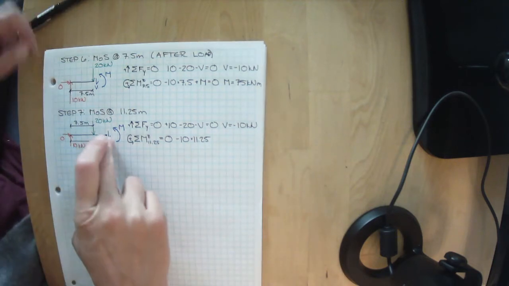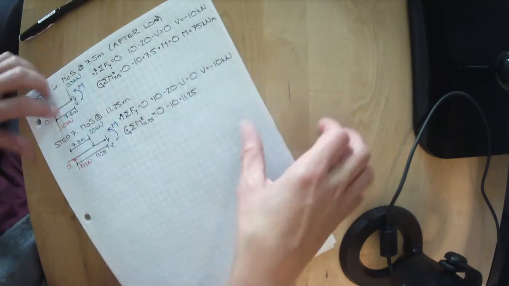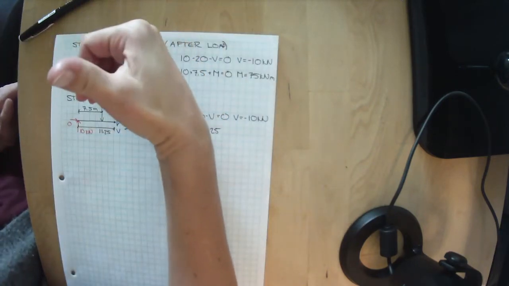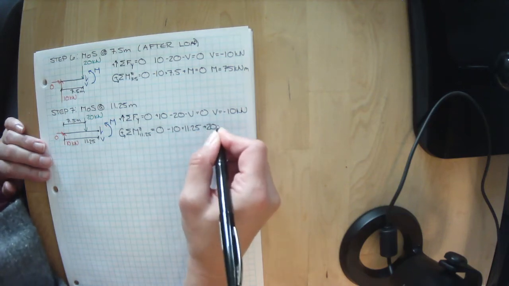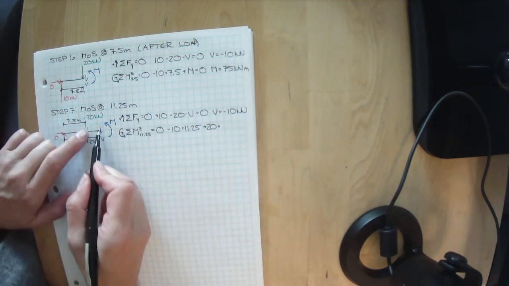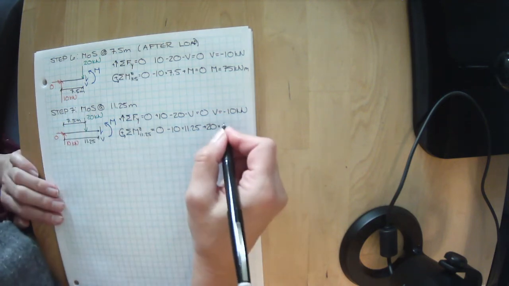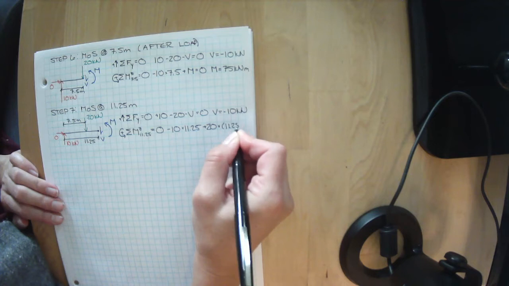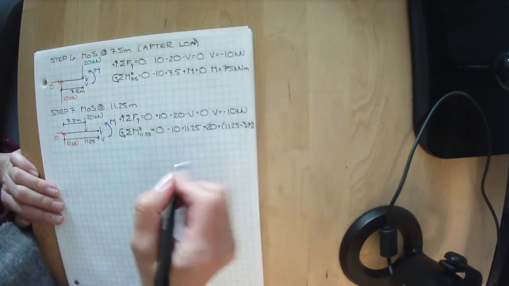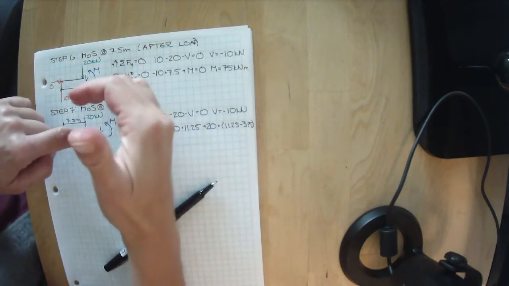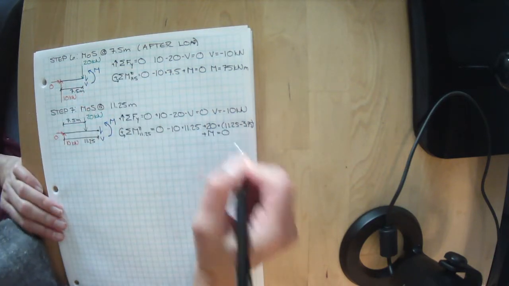I've got 20 kilonewtons trying to spin it in this direction, which is positive. So plus 20 kilonewtons times, and my 20 kilonewtons is this distance away, which is 11.25 minus 3.75. And then we also have our positive moment, so plus m equals 0.